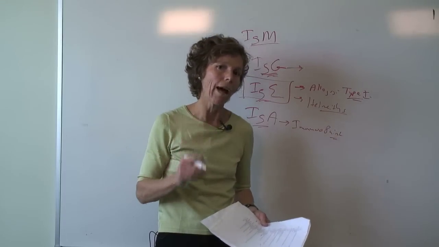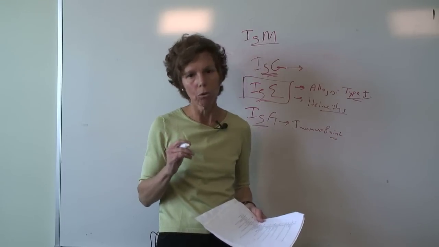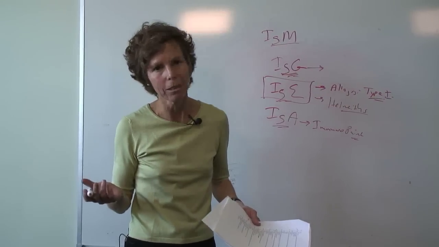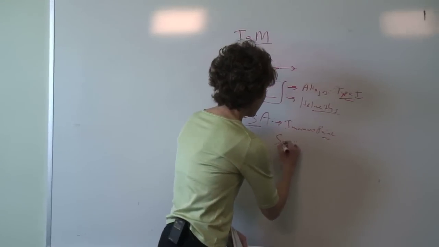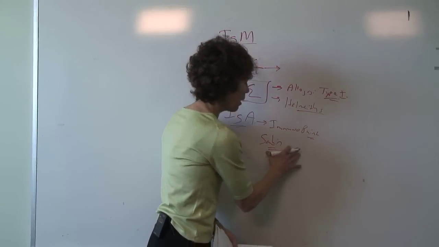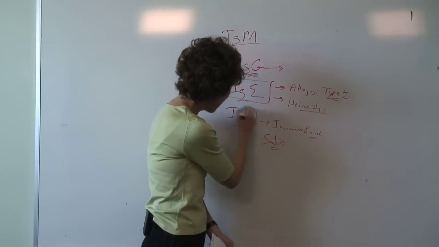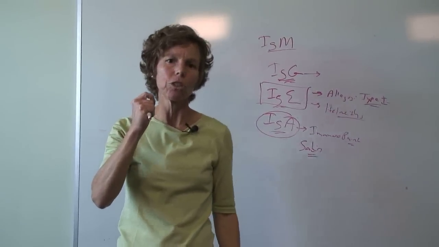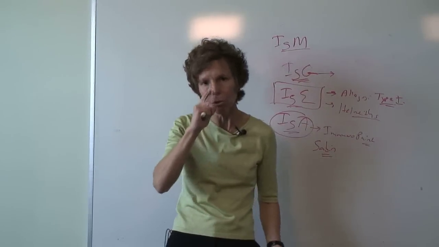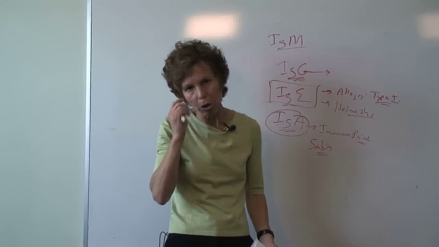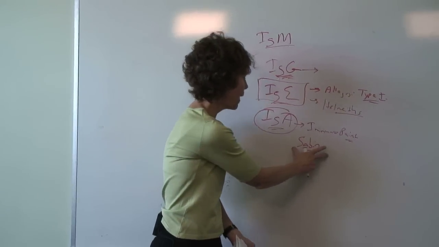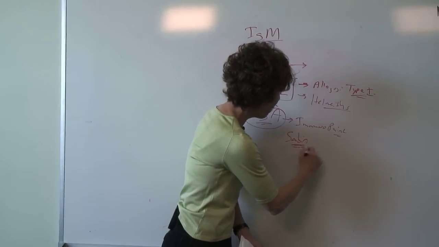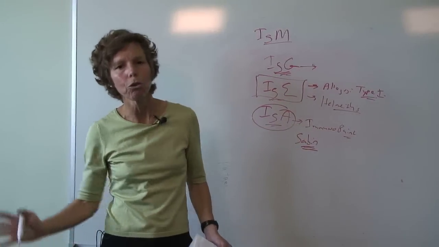Now, if you have the live polio vaccine, the Sabin vaccine, which we don't do in the United States, you will get IgA, because the vaccine touches the mucosal surface, just like some of the live influenza vaccines will give you IgA immunity, and that will give you this IgA paint on your mucosal surfaces.